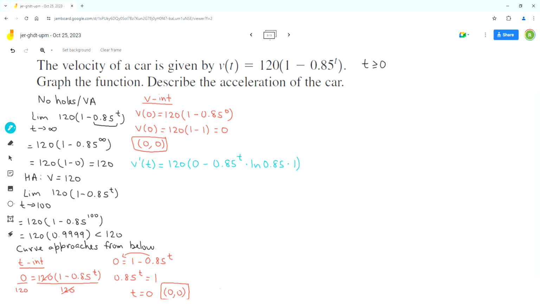Now we can simplify this expression. In the parentheses, 0 goes away, and ln 0.85 times 1 is just ln 0.85. Now we can evaluate ln 0.85, which is equal to negative 0.1625. So that will make this exponential term positive because two negative terms when multiplied become a positive term.